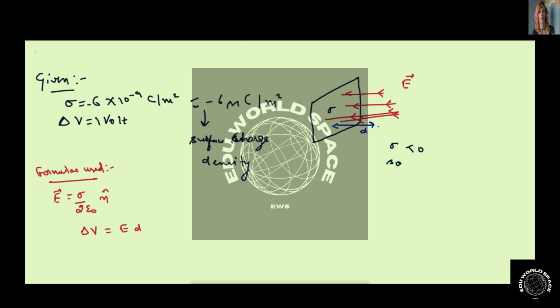And we know that the electric field due to a sigma charge density by an infinite plane sheet of charge is equal to sigma over 2 epsilon naught n cap, where n cap is perpendicular to the plane of the sheet. Looking at this sigma, we have a negative sign here, so the direction of the electric field changes, towards the sheet of charge.